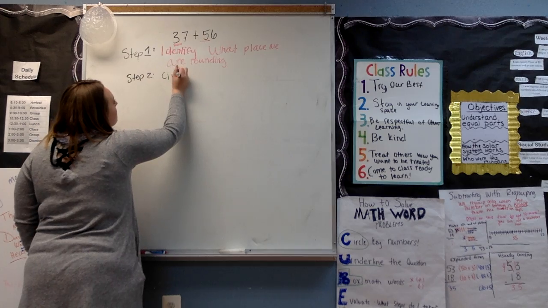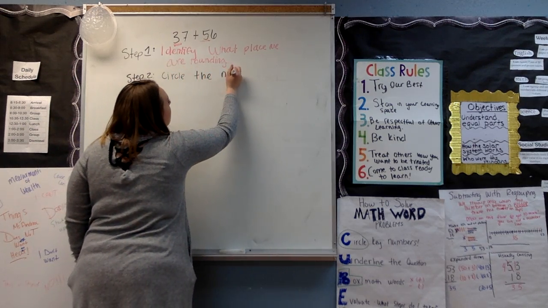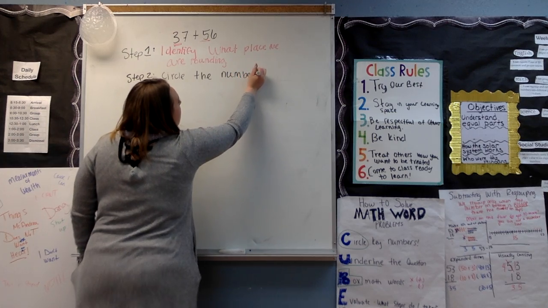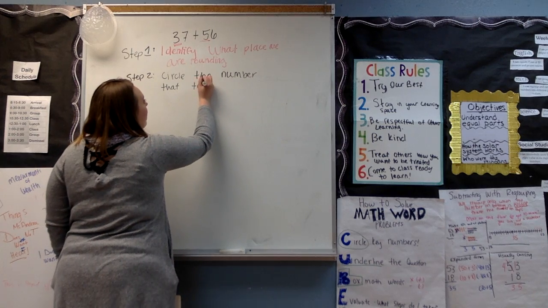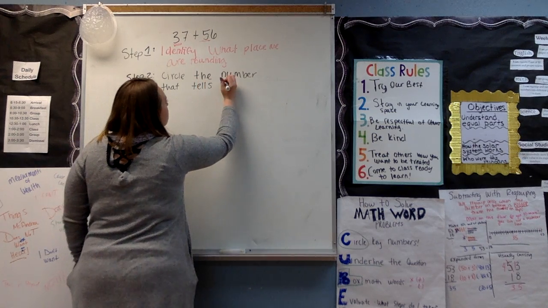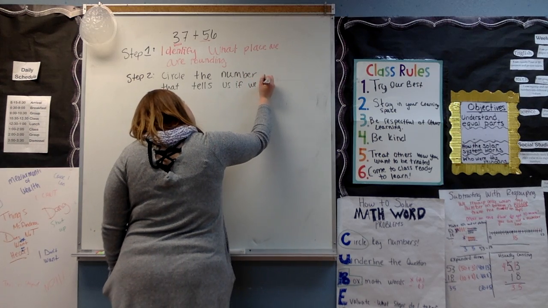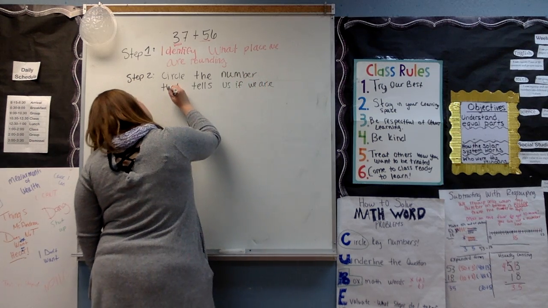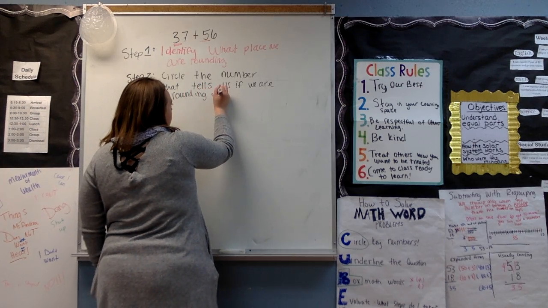Circle the number that tells us if we're rounding up or down, or staying the same.